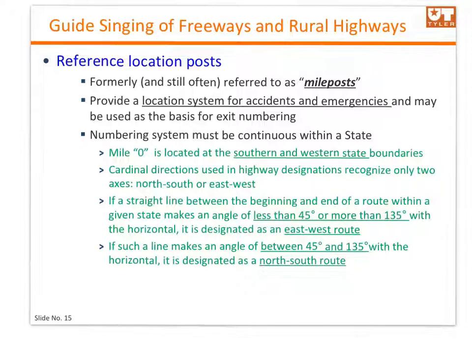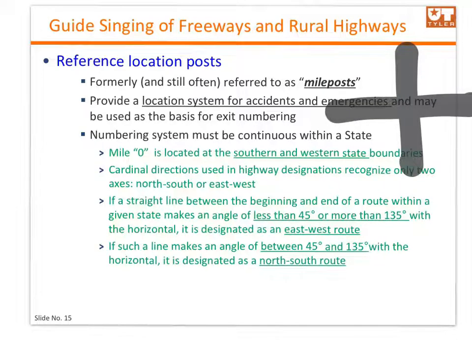So if I draw a little picture here, this is south, north, east and west. If this angle here is less than 45 degrees, or more than 135 degrees, which represents this angle right here, then that means it's leaning towards the east-west route.